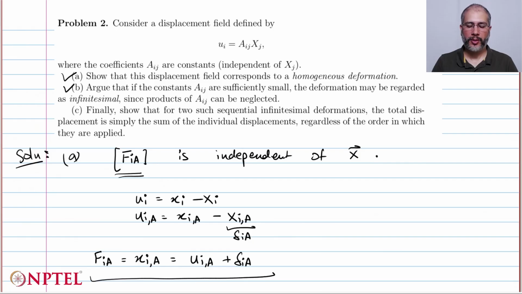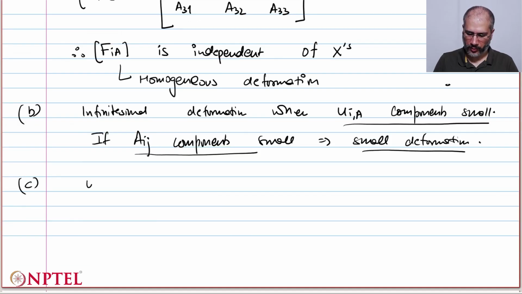So coming to part C now, in part C, we have to work with two sequential infinitesimal deformations. So let us do that. Now since u is defined as the matrix A times capital X, we'll call the first deformation the matrix A1, because each deformation is different, so it will correspond to a different A matrix.